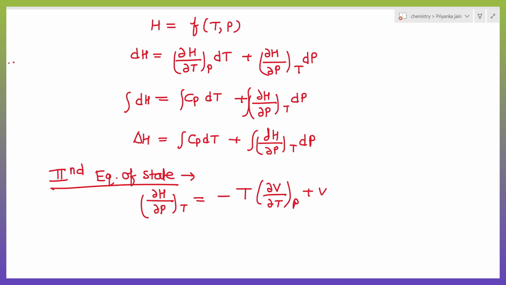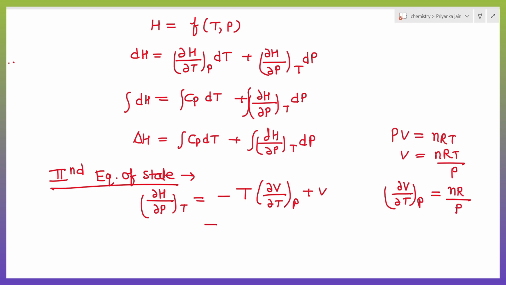Now see here. We know from the ideal gas equation PV is equal to nRT. So V will be equal to nRT upon P. So we can find the value of del V upon del T at constant P. This will be equal to nR upon P. Right.